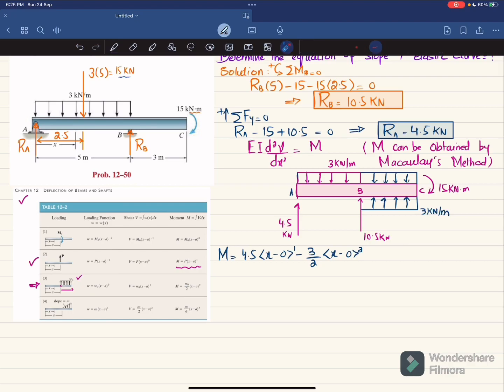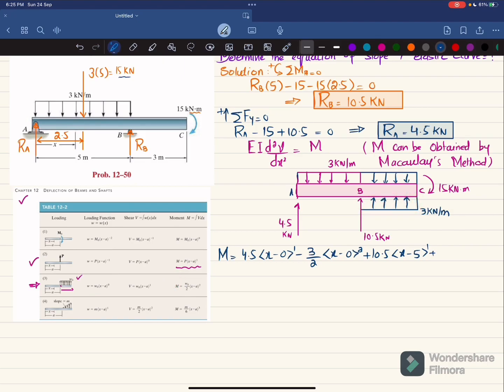The third load is this point load, and this is upward, clear. So 10.5, and this distance is 5 meter, you can see over here. So I will write plus 10.5 into x minus 5 power 1. And the last load from B to C is the uniformly distributed load. Now this load is upward, so it will be positive. So I will use this equation.